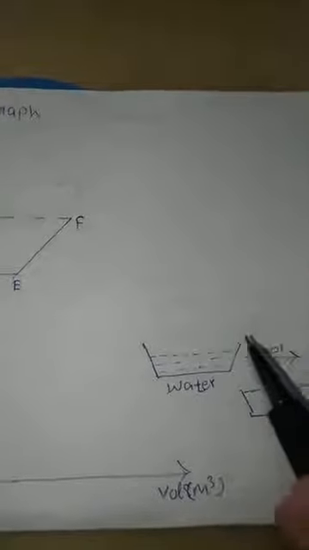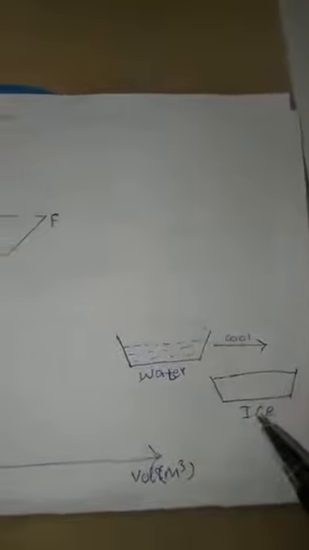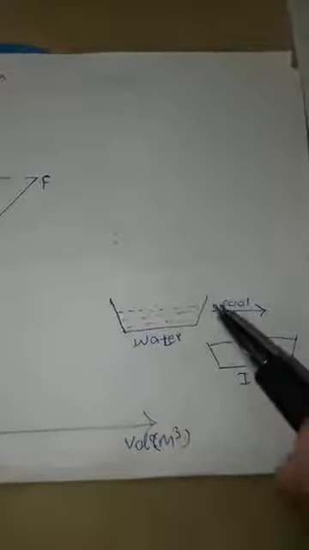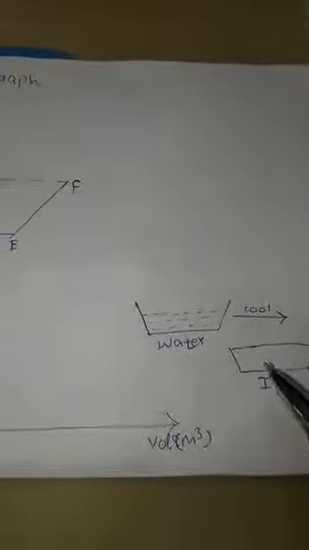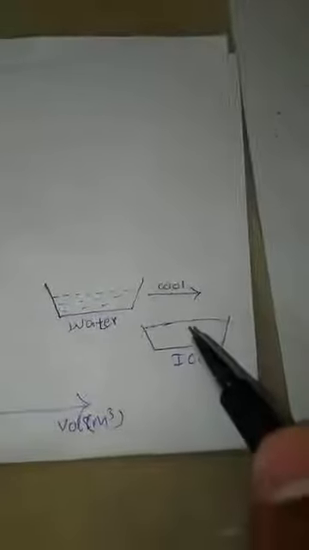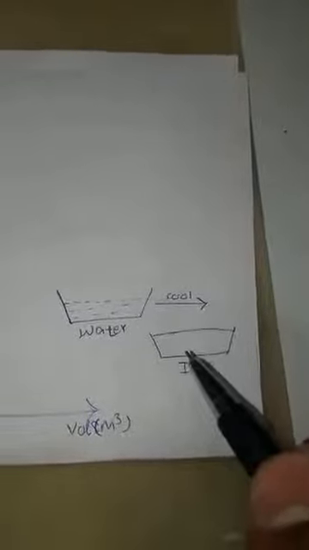The reason being that, suppose you have water in a tray and you allow it to cool, which will get converted into ice after some time, and you can see that the level has increased. This is because the molecules in the ice are loosely packed, thereby decreasing the density.